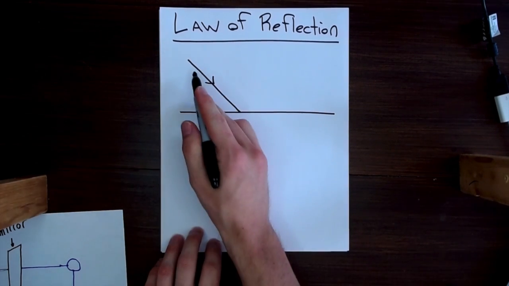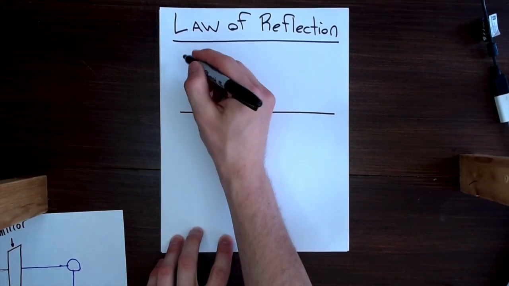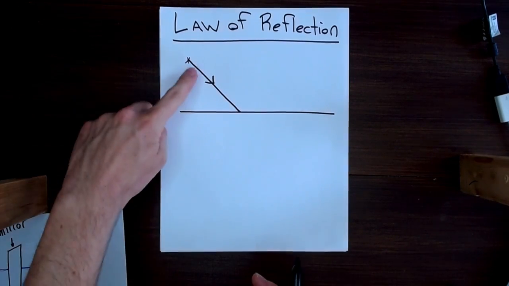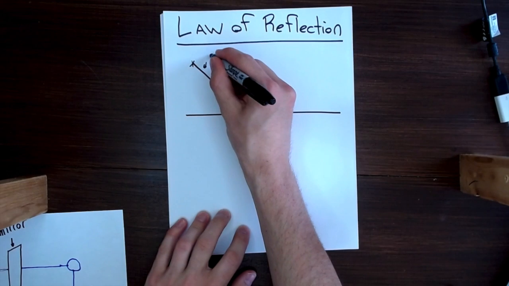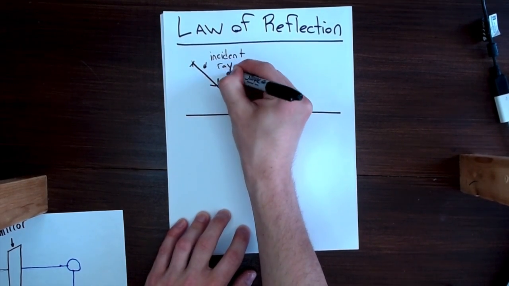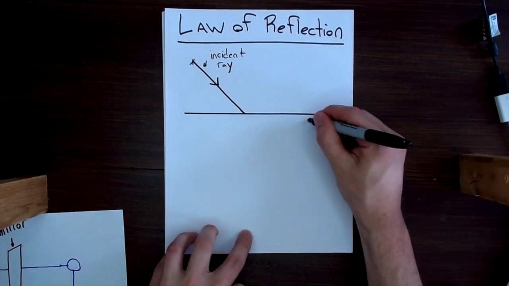So here I have this light ray that's coming from a point here. So like we can say there's a little dot here, an X on a wall or something. And so we see this, what we call the incident ray. Okay, incident ray is a way of saying the light that's coming towards the mirror.